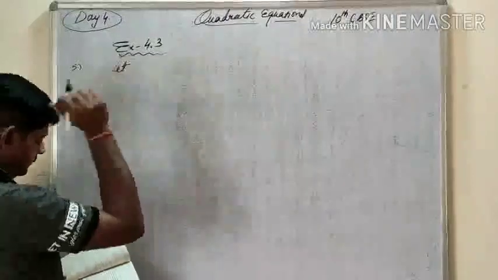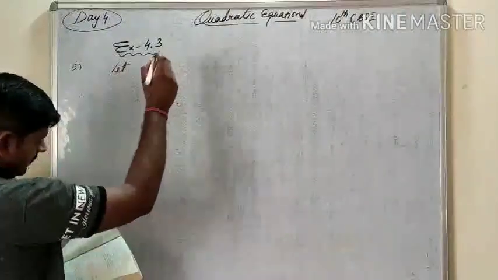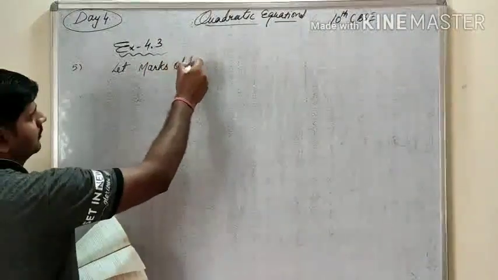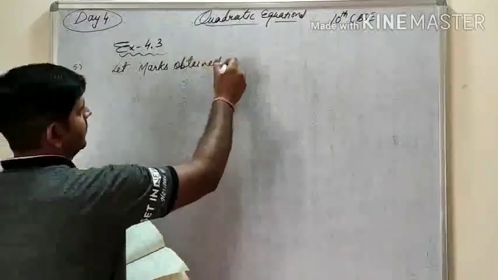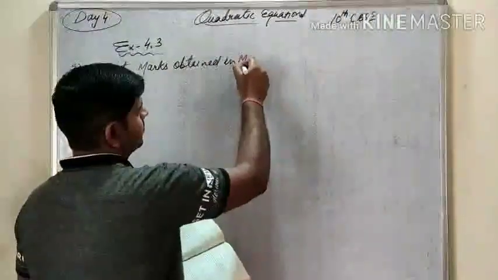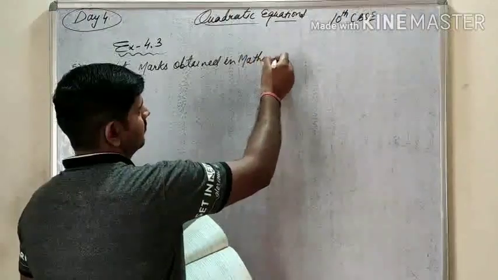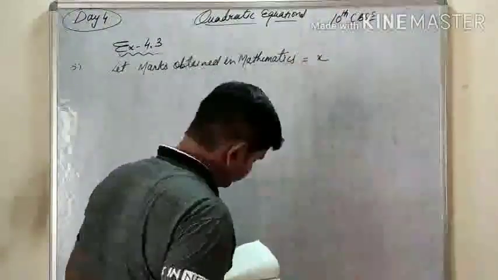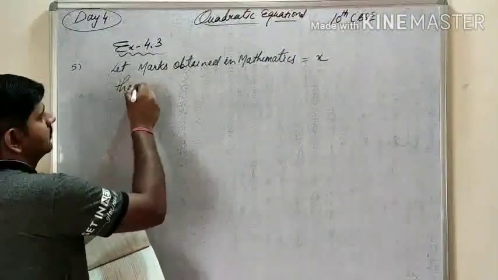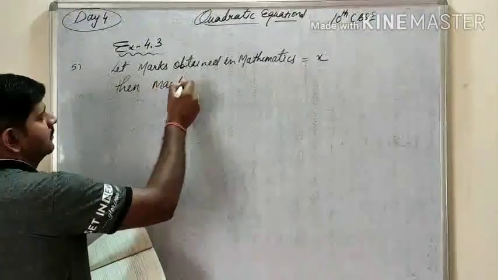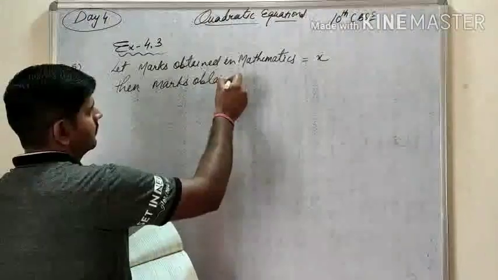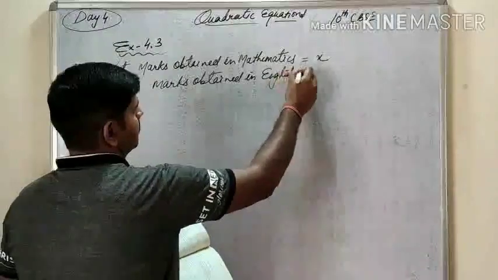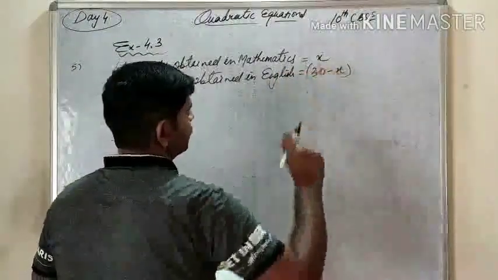Let the marks obtained in mathematics be x, then the marks obtained in English is 30 minus x, because the total was given as 30.